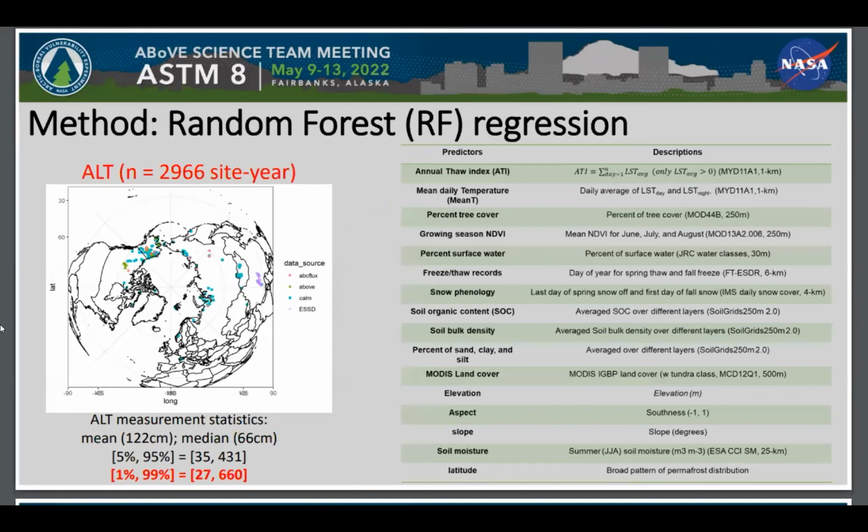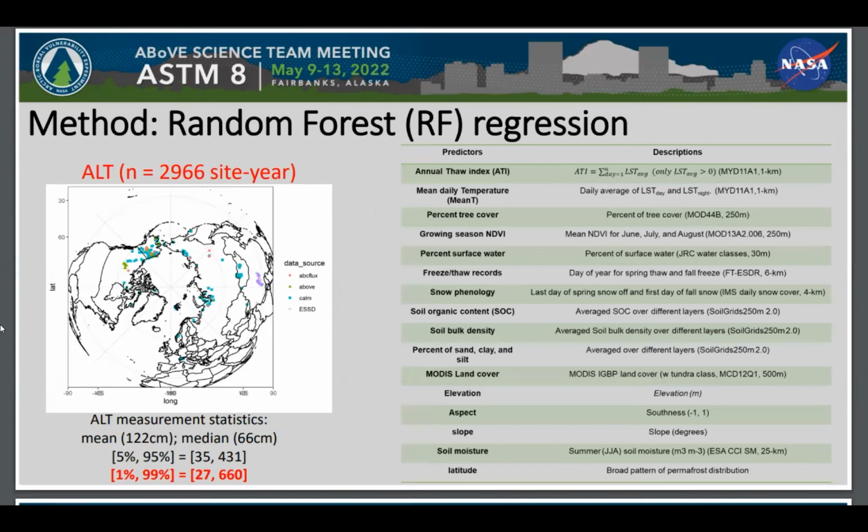So in this study, we use a random forest regression algorithm within the Google Earth Engine platform. We compiled a total of nearly 3,000 site-year ALT measurements from 4 different sources. We use ALT measurements between the 1st and 99th percentile for the random forest model.